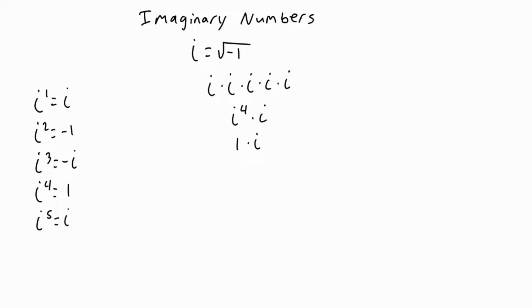And you'll notice it's a pattern. If I said i to the sixth, we would get the same thing we just did, and it would actually end up being negative 1. And i to the 7th would be negative i, and i to the 8th would be 1, and so on.